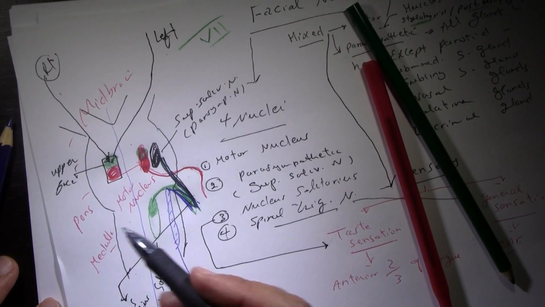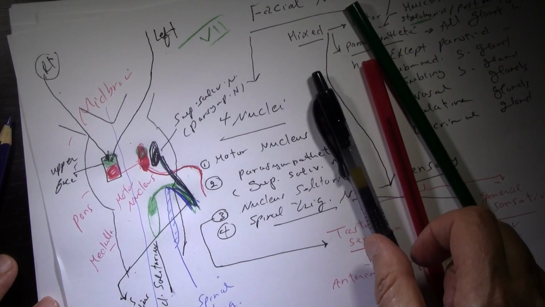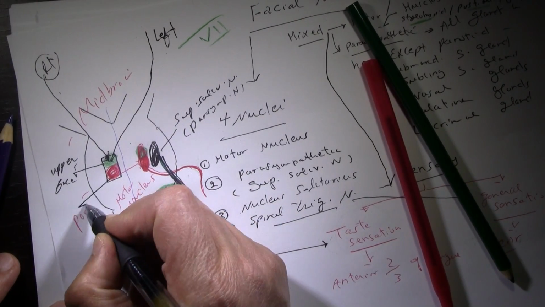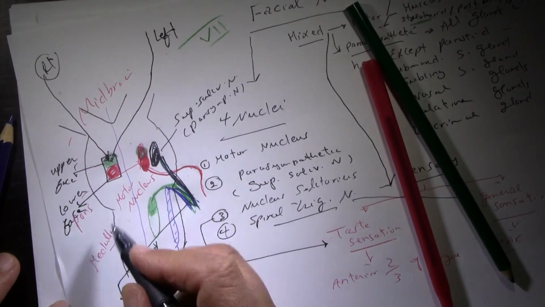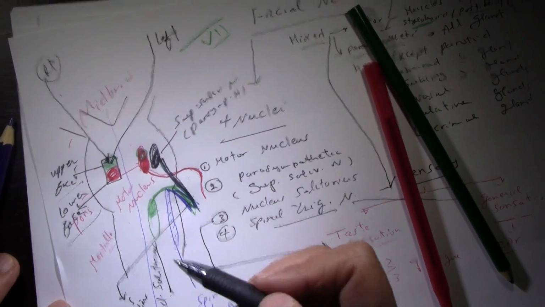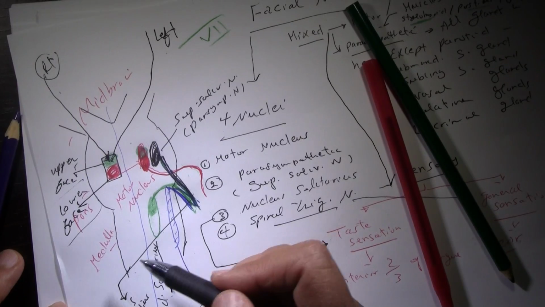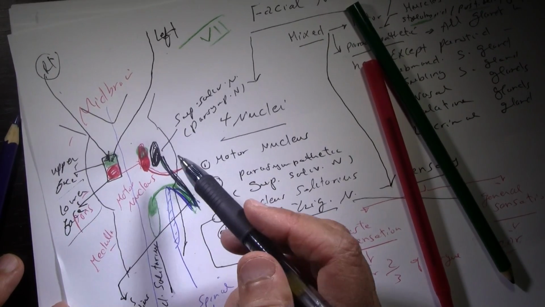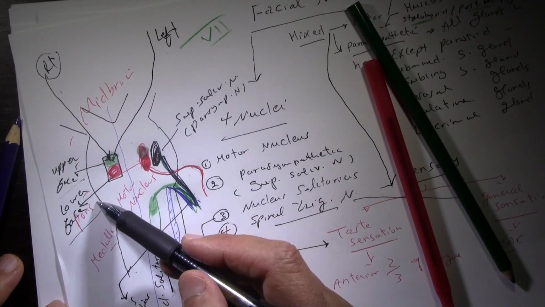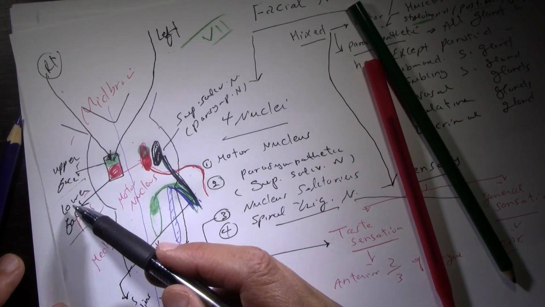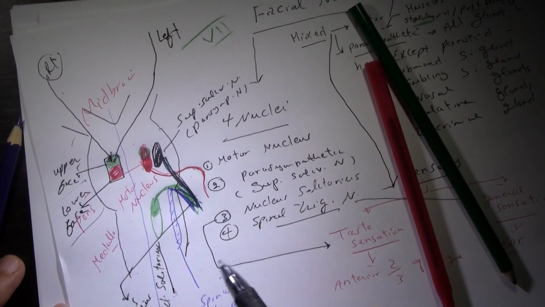The lower part of the nucleus supplies the lower half of the face. When I say lower face, like triangularis muscle, depressor labii, platysma, okay, those muscles, buccinator. So those muscles are supplied mainly by the lower half of the nucleus.